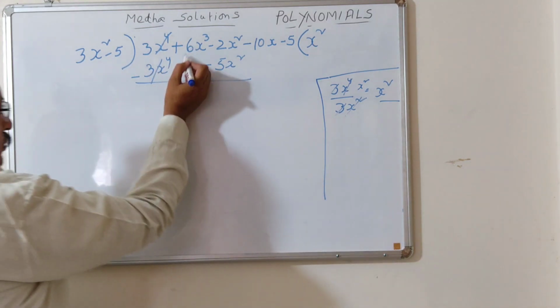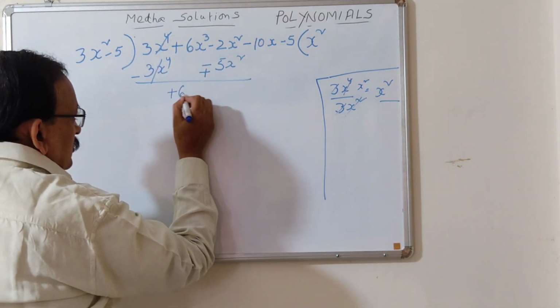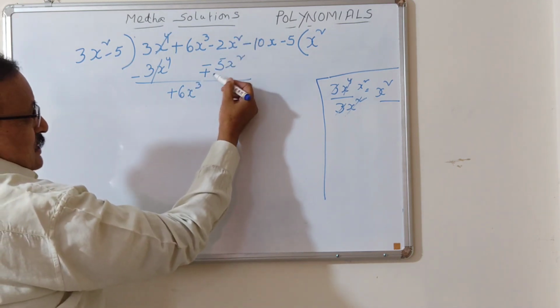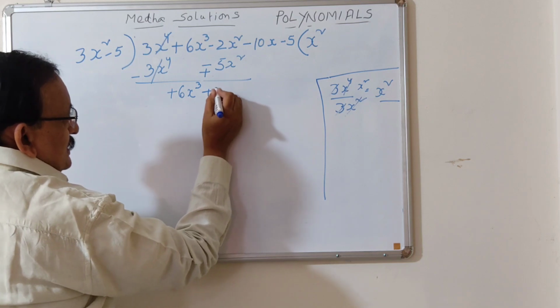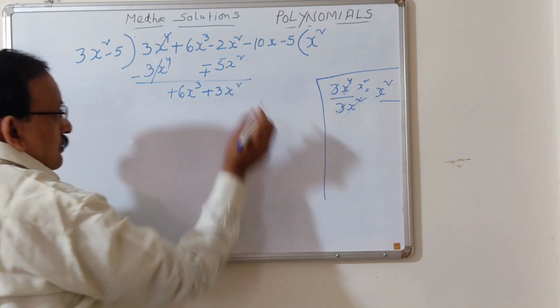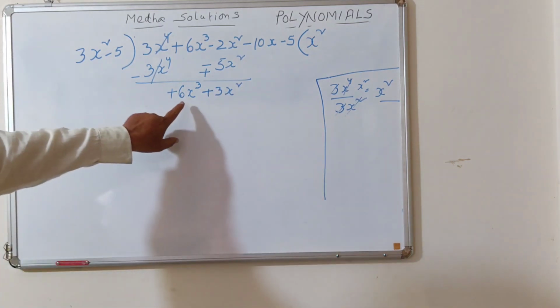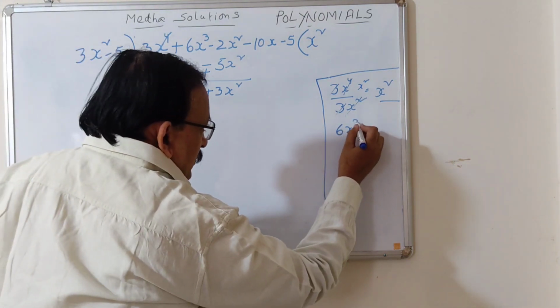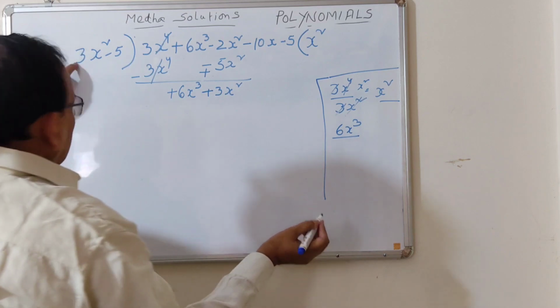And then bring down this 6x cube. And here minus 2x square plus 5x square, it means plus 3x square. Now we have to calculate this term 6x cube. See, 6x cube by our 3x square again.